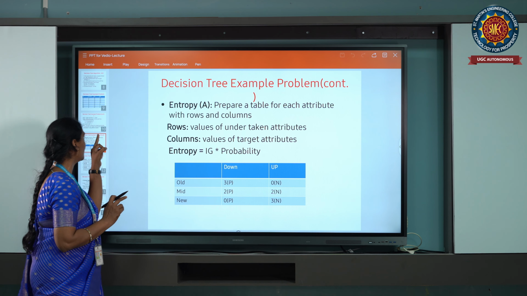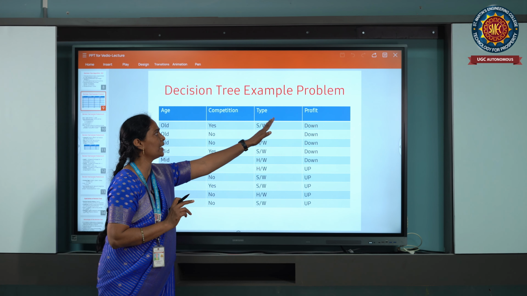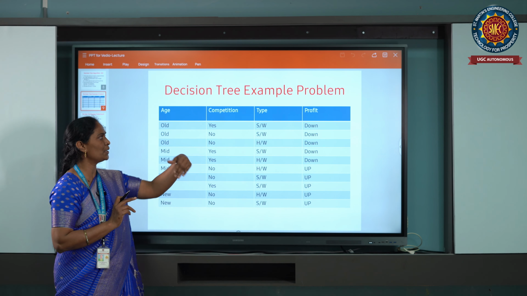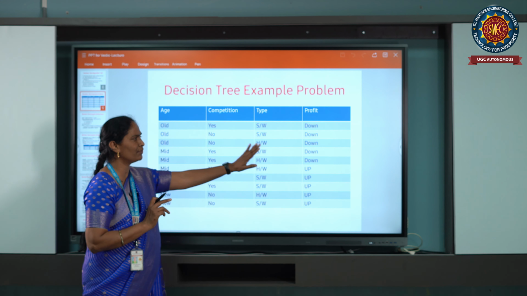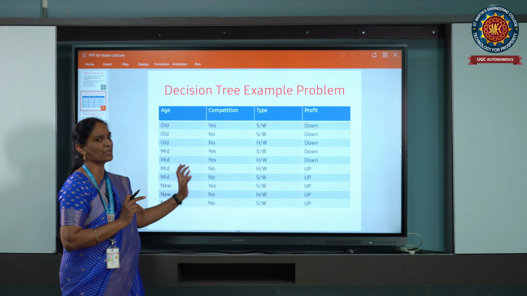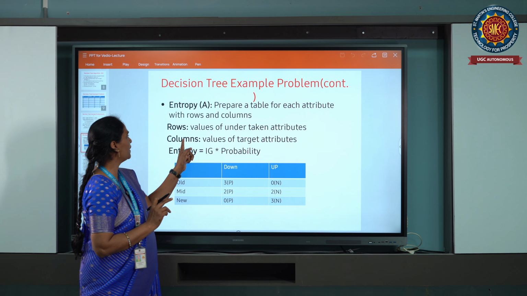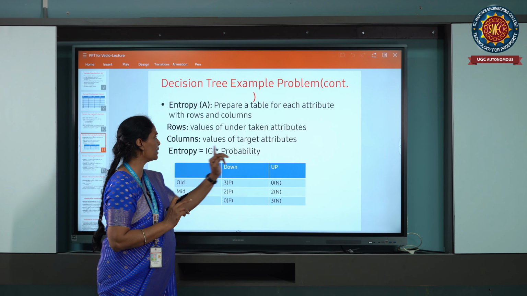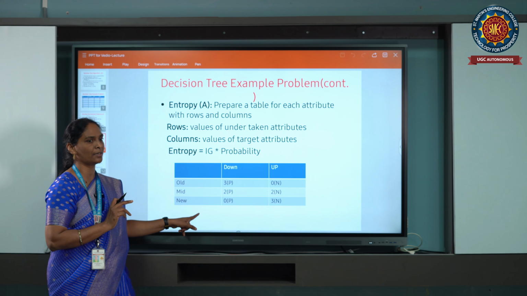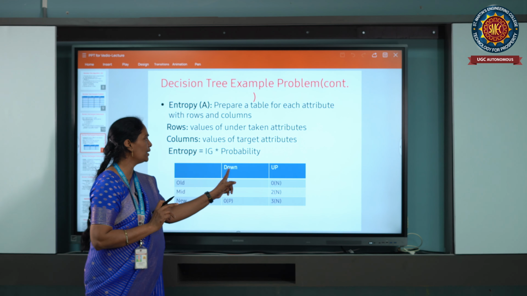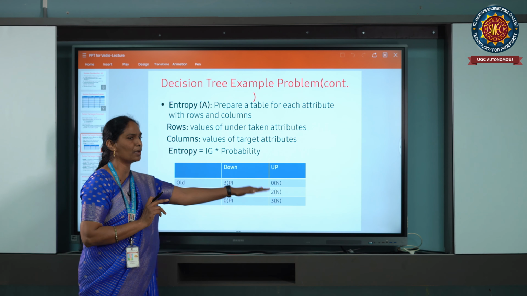In the previous data set, the attributes we have taken can come as the row values, and the remaining attribute values can be the column values here. So the rows are under the attributes and the columns are the values for the target attribute, okay. So that is kept in this table here. So the down and up are the column values and the remaining values are the row values here.